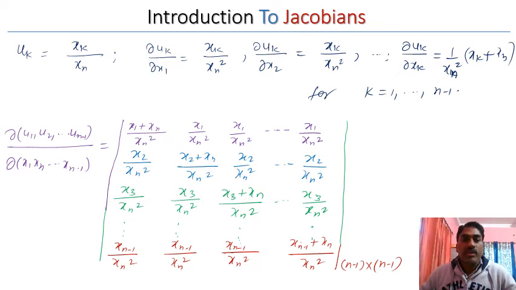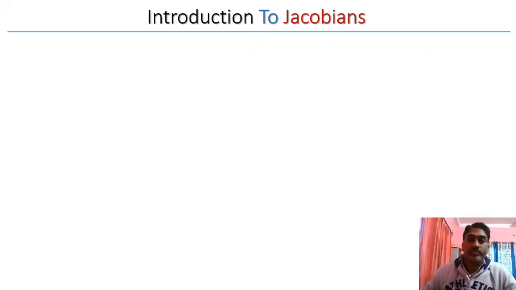So it will be 1 by xn square to the power n minus 1. So we will get the Jacobian. This is equal to 1 by xn square and its power n minus 1.